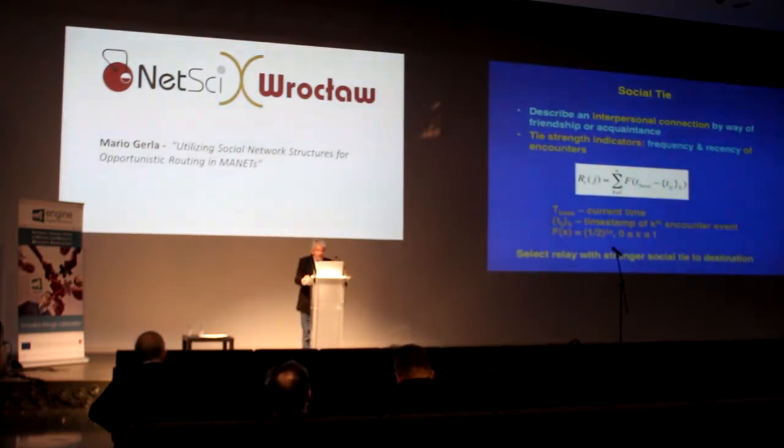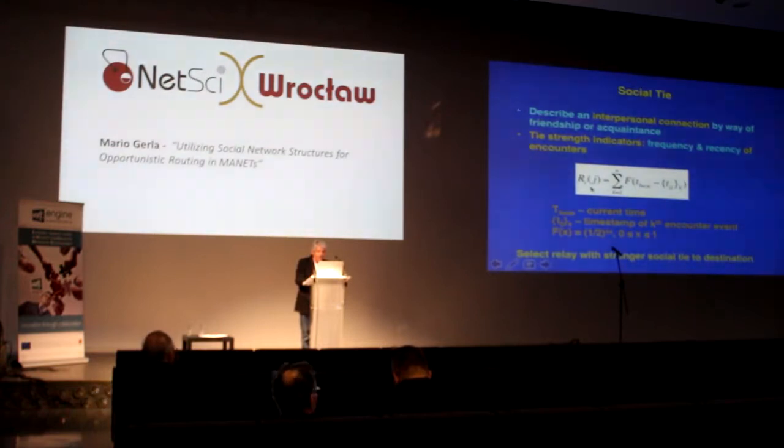So the social tie describes an interpersonal connection by way of friendship or acquaintance. And the strength indicator of a tie is the frequency and recency of encounters. So this is a formula used.